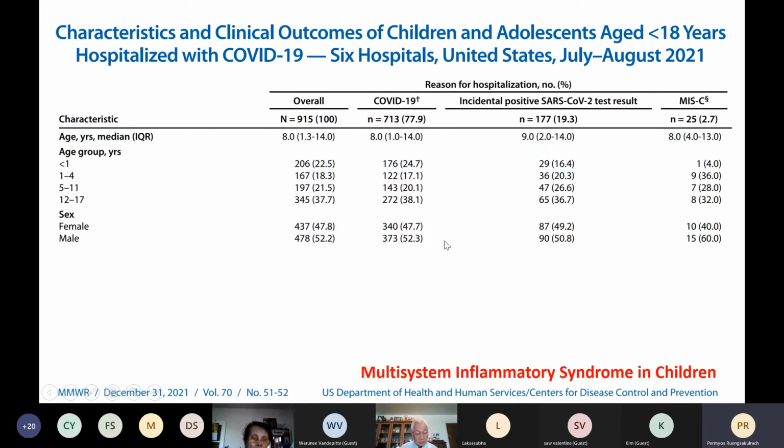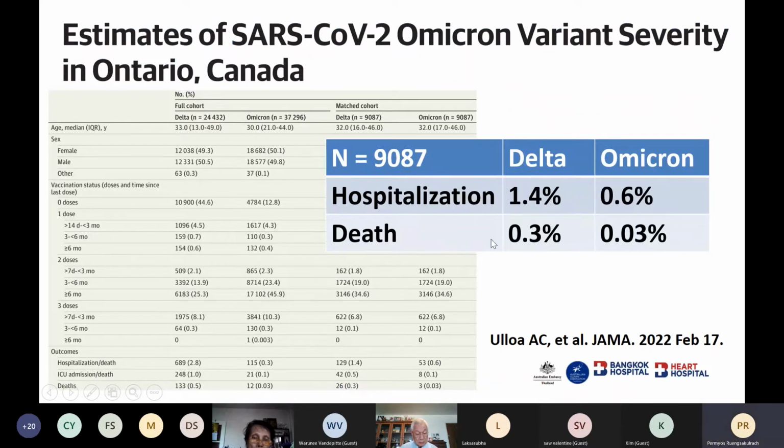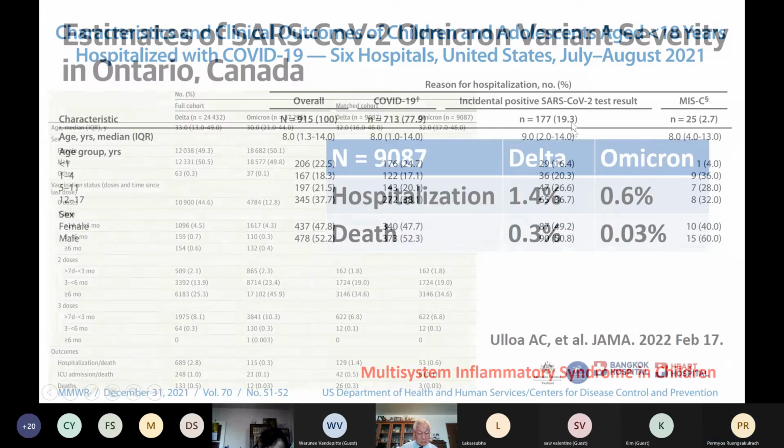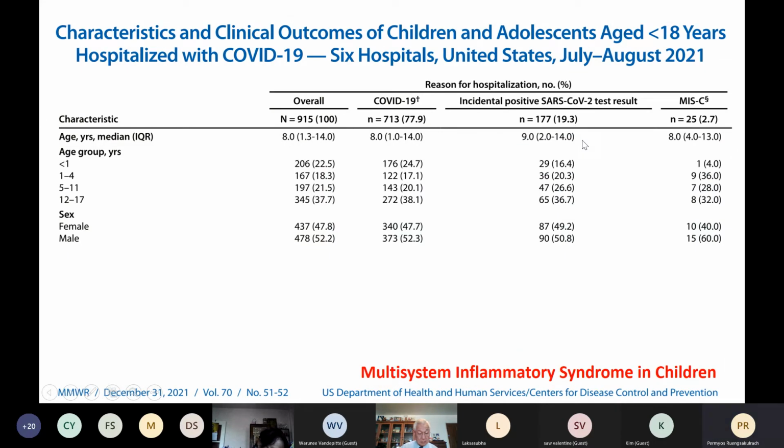Oh, sorry. The hospitalization for Omicron is about 0.6, okay, and the mortality is 0.03%. So it's different because maybe it's a different country and different resources, and the number of patients is different.